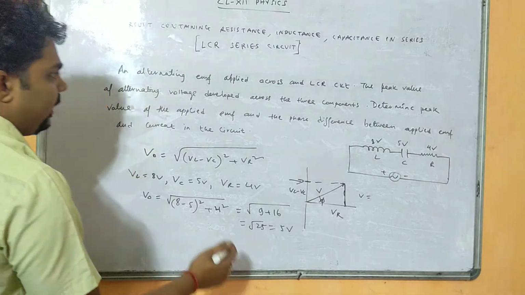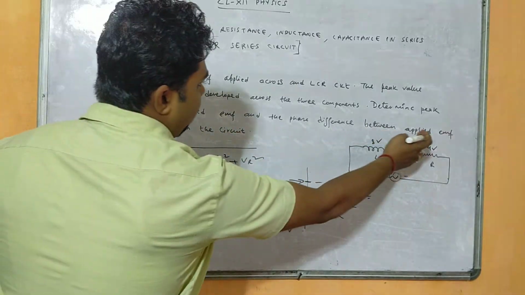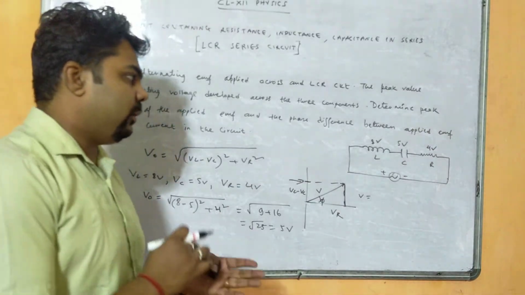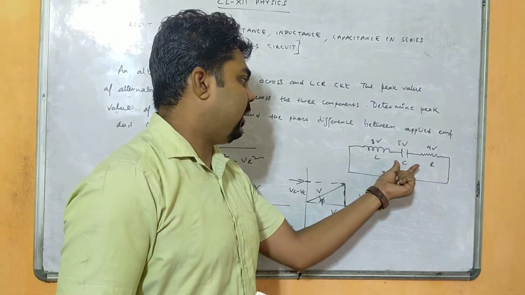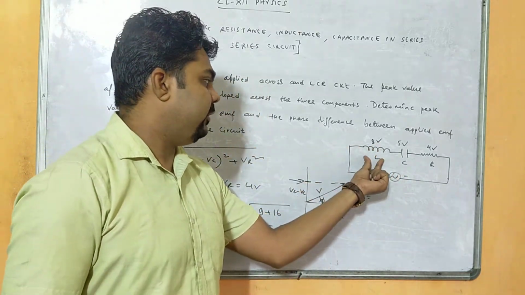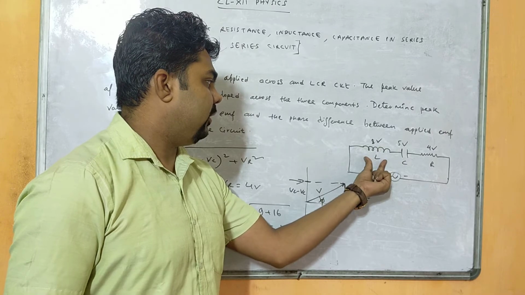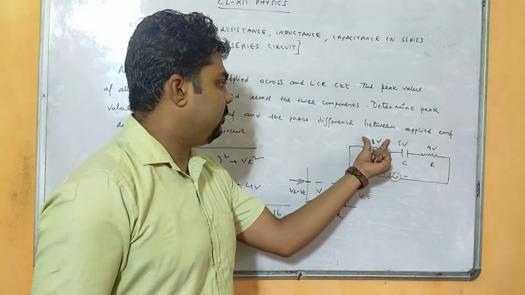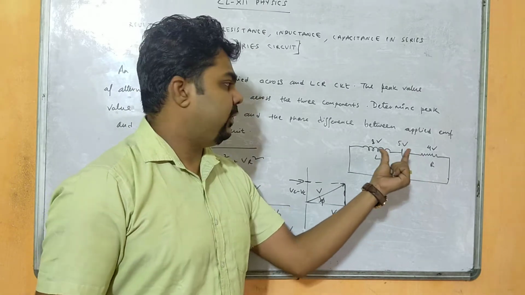Next, what are we asked here? The phase difference between the applied EMF and current in the circuit. Now for the phase difference, tan phi. Now we have to check whether L is bigger or C is bigger. That means which reactance, which voltage, is bigger. That means L is greater than C, because the potential difference developed across L is 8 volt and across C is 5 volt, right?